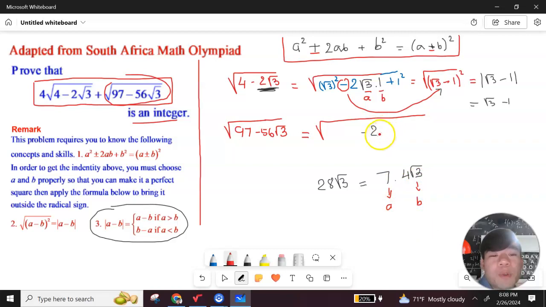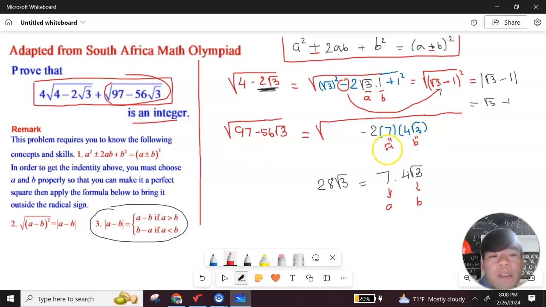I put it over here and check later. So basically I have 2 times 7 times 4 root 3. Again, I choose a equal 7 and b equal 4 root 3.